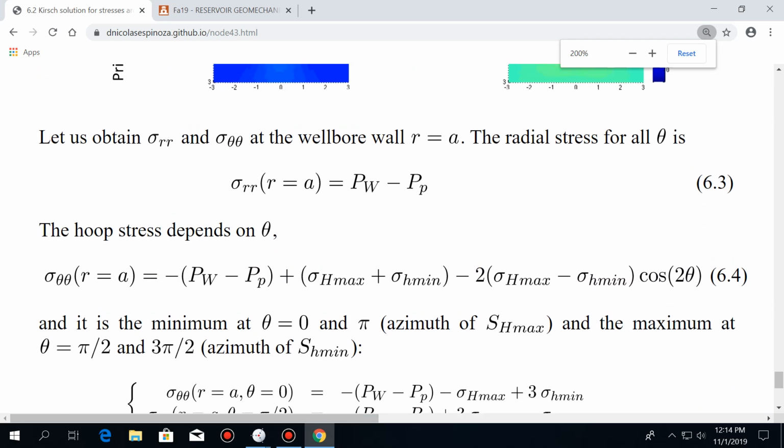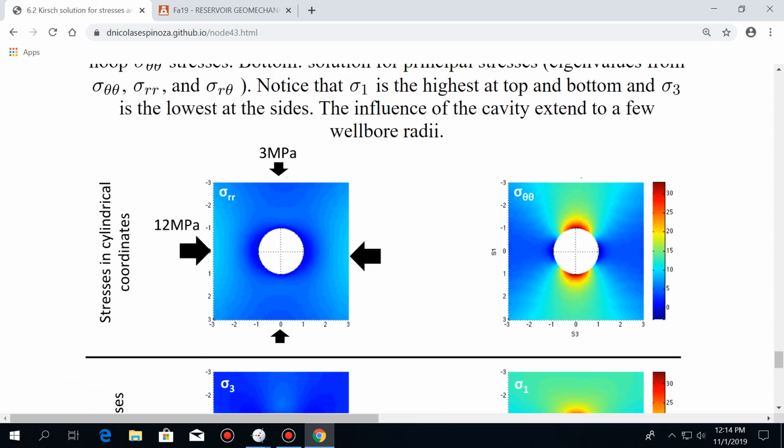Let me see what I'm plotting here. Oh, sigma RR in this case is going to be 0 around the wellbore if I don't have any radial support, but sigma theta theta is going to be the largest here in the north-south in this particular example, because the horizontal stress is coming from the east-west direction, and you may have tension in these locations.